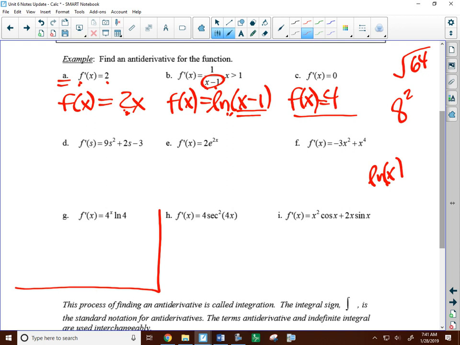I chose 4. Really, what we can put, I bet on mine I just said any constant. We're going to write that as C, any constant. We're going to use that in a minute to represent any number. So if you wrote 4, C, or any number, that's fine. All right, so this is good.